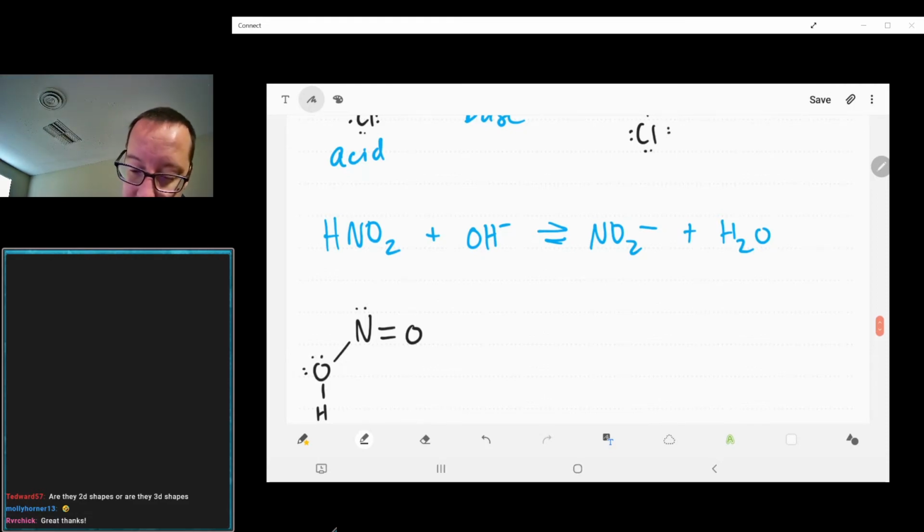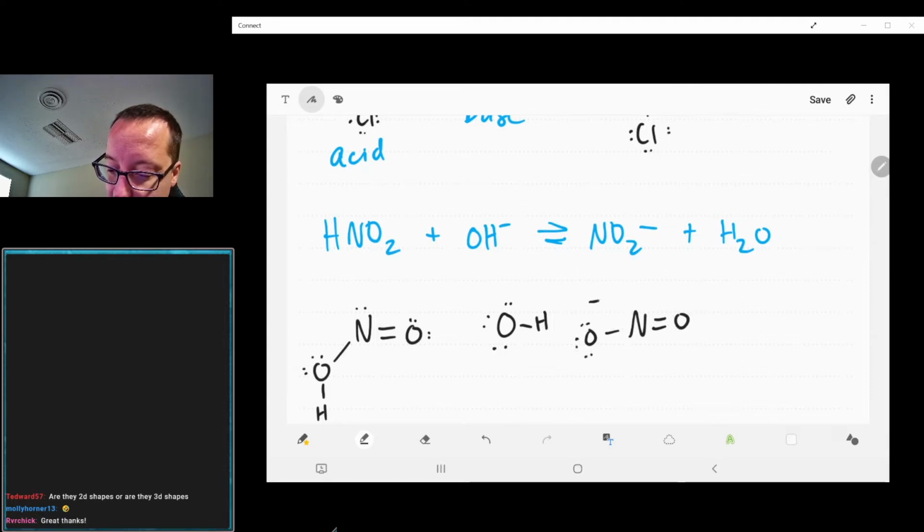That is our nitrous acid structure. We have OH minus, nitrite, and water.